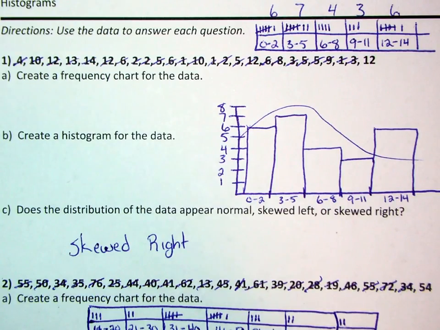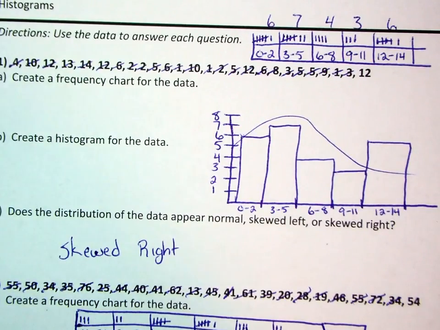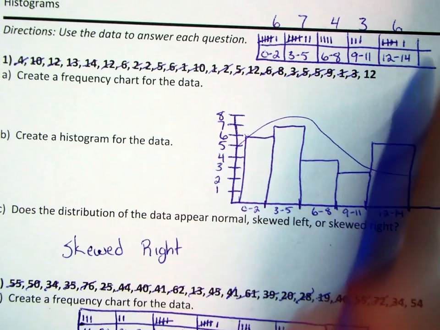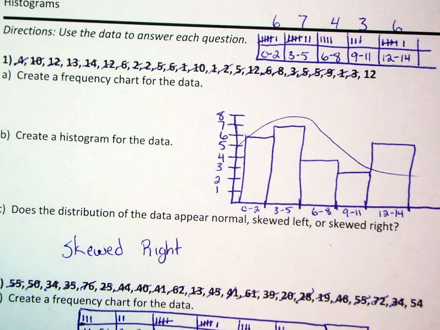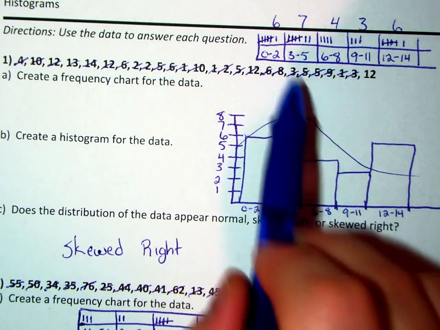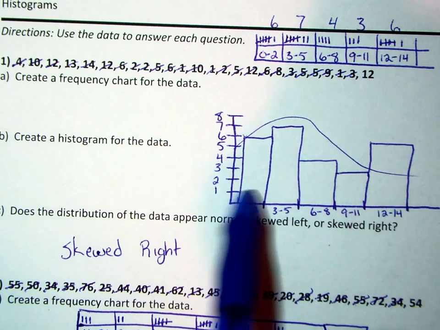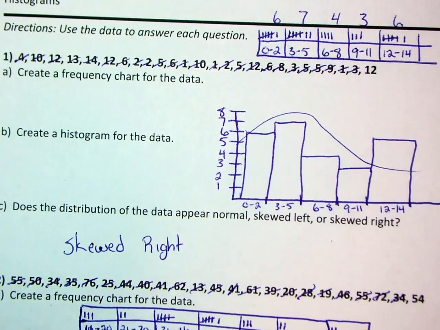Problem number one, create a frequency chart for the data. We should have all been able to create a frequency chart. Your chart may look slightly different depending on how many bins you decided to create in your frequency table. I created, as you can see, 5 different bins. Those 5 different bins will translate into 5 different bars on my histogram.